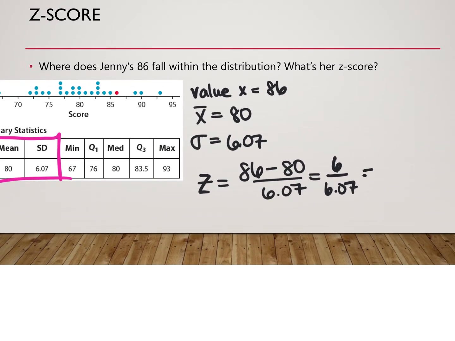And what do we get? 0.9 what? Give me 3 numbers behind the decimal point. 8. Thank you.